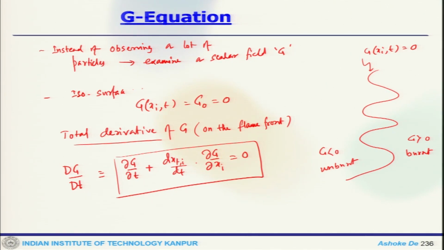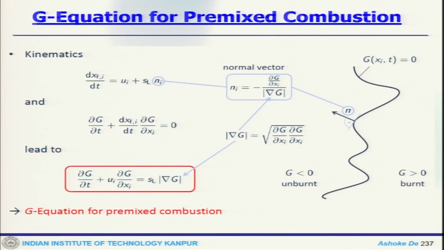Now once we look at the kinematic equation, this is our instantaneous flame front, G of x, t equals 0, this is our burned side, this is the unburned side, and this is the normal. The normal vector can be calculated as del G by del x_i over the modulus of gradient G, and the kinematics of that individual particle can be written as ui plus SL Ni, with dG by dt equal to 0.